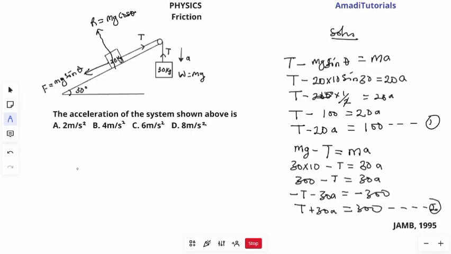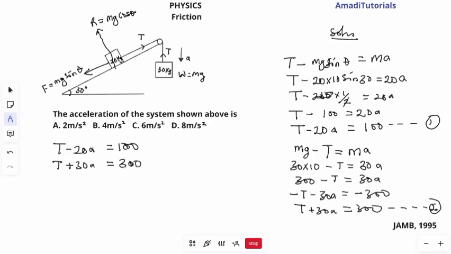So we are going to solve those two equations simultaneously. The first equation is T minus 20A equals 100. And the second equation is T plus 30A equals 300.